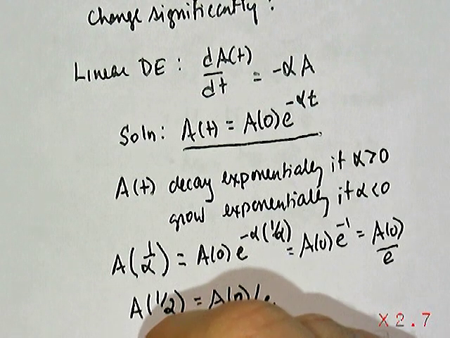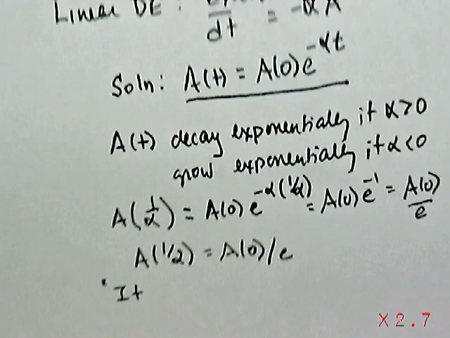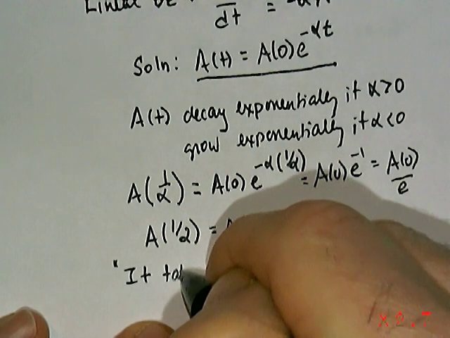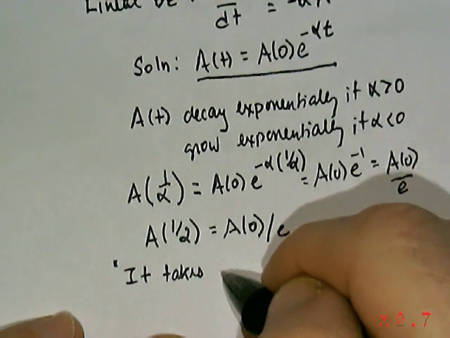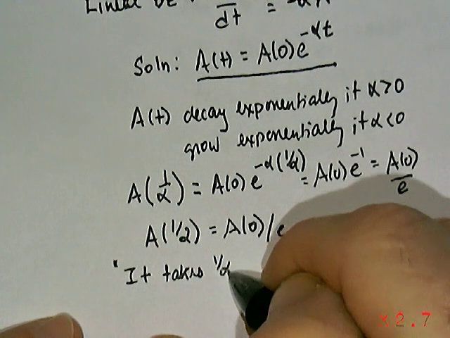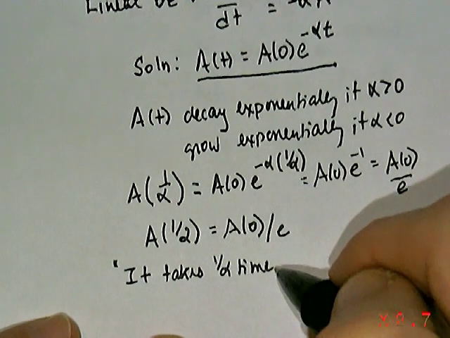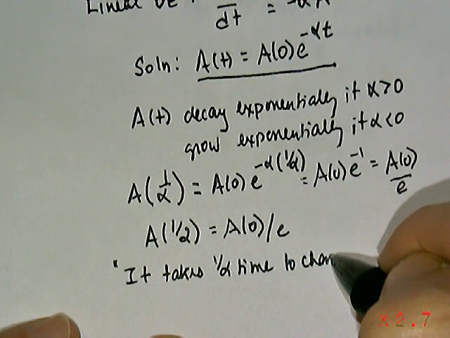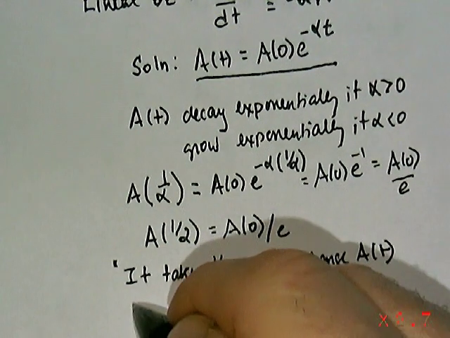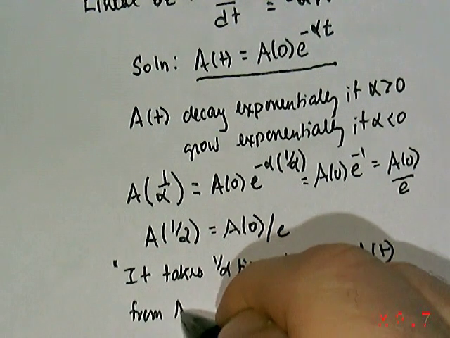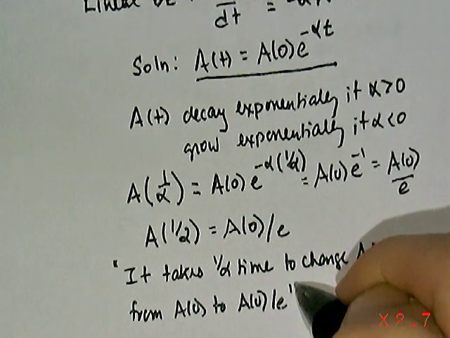So we could say, interpreting this, that it takes 1 over alpha time to change A of t from its initial value, A of 0, to A of 0 divided by e.